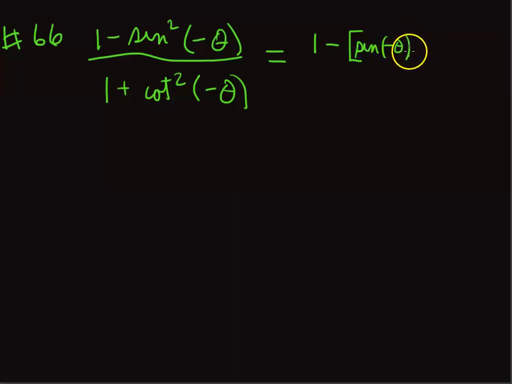Oh, I'm sorry. We're supposed to write this in terms of sine and cosine. So I'm sorry, the directions are still different. Write in terms of sine and cosine. So let me put that up here.